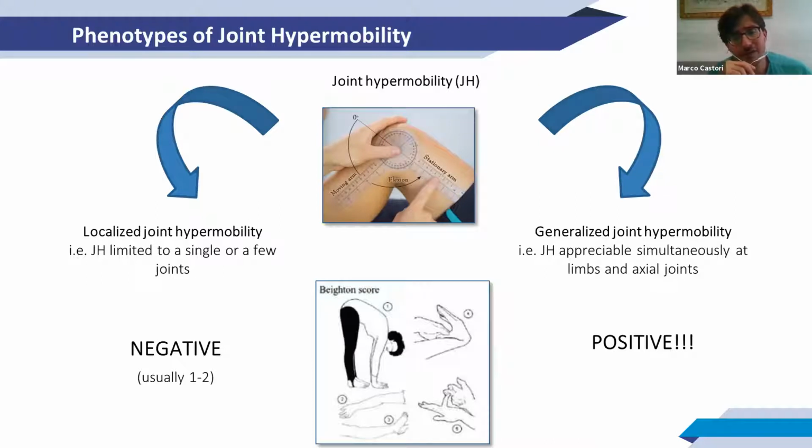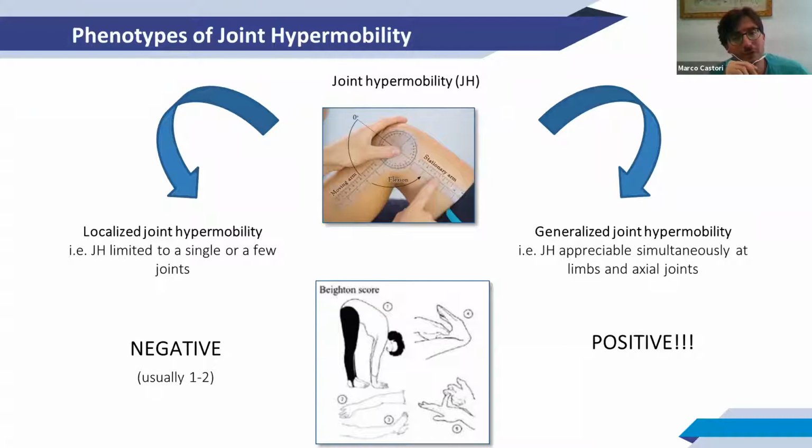Sometimes such kind of joint hypermobility is congenital, but it may be equally caused by acquired events such as sport traumas. In this kind of joint hypermobility, the Beighton score, which we briefly will speak about in the next slides, is negative.